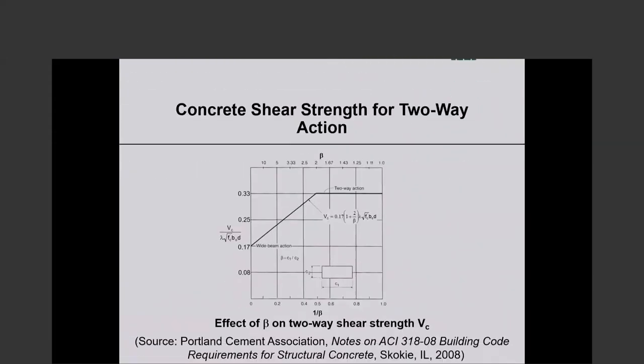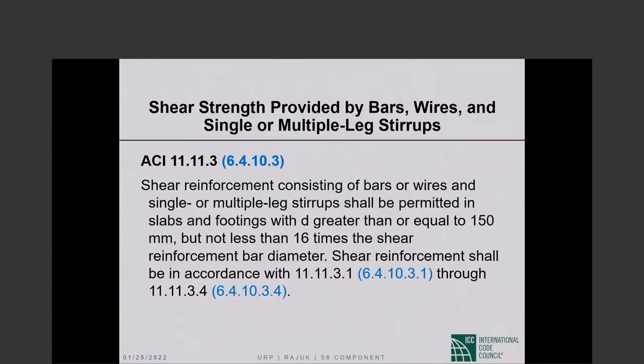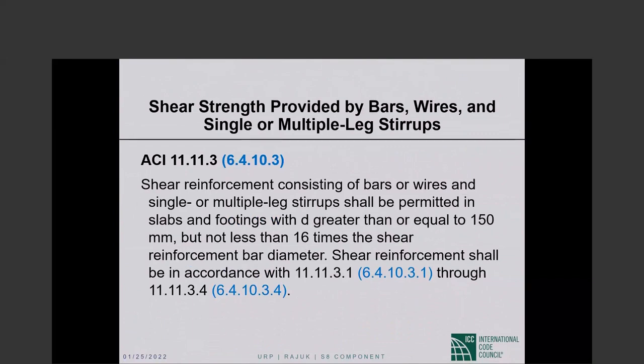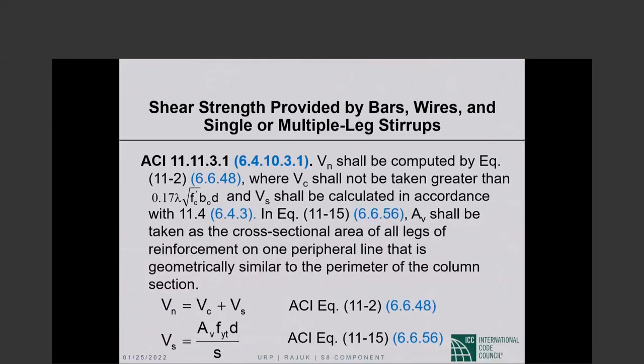But when we use shear reinforcement, conventional shear reinforcement, I should say, shear reinforcement that I showed you pictures of, now V sub C is assumed to be 2 square root of F sub C prime, half of what concrete can carry in the absence of shear reinforcement.